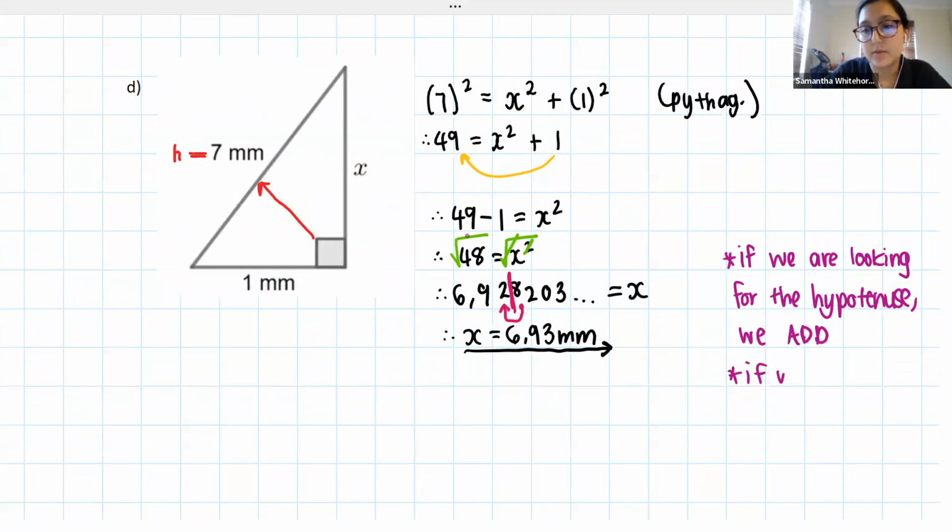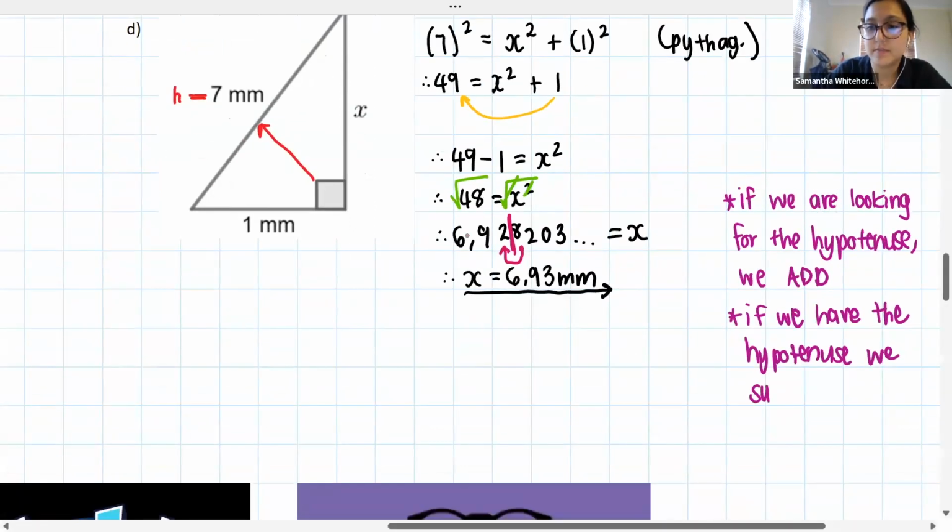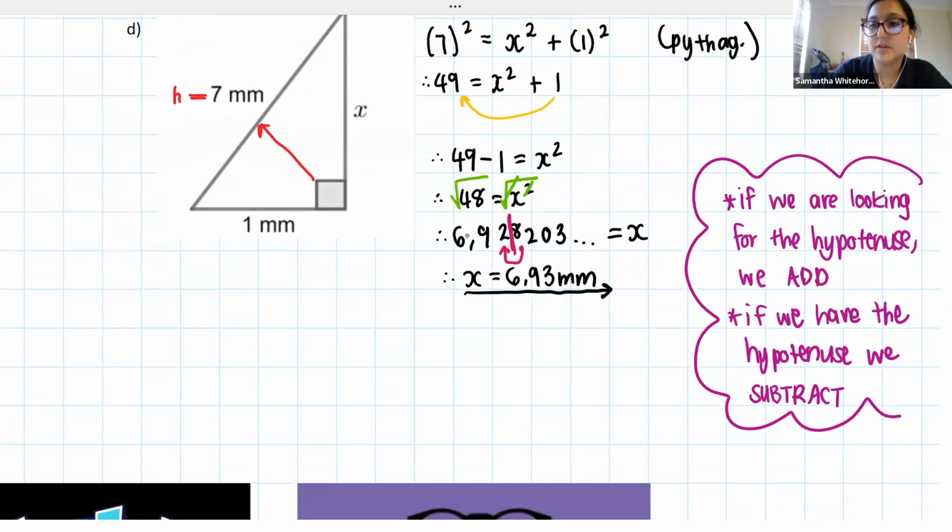If we have the hypotenuse, we then subtract. So this is a little reminder for you of when we add and when we subtract.